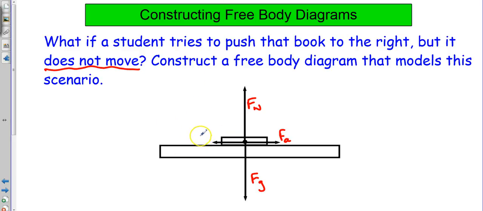In this particular scenario, this would be the force due to friction, because we know that we've got to push this book hard enough to overcome the amount of friction that's going to be applied. But this is just the force due to friction. And this makes sense within the context of static equilibrium. If you're trying to push something and it doesn't move, then that means that there's something else that's equal and opposite that's balancing that particular applied force out.